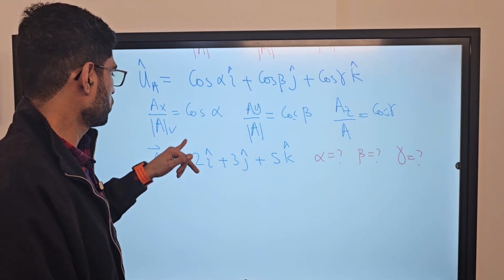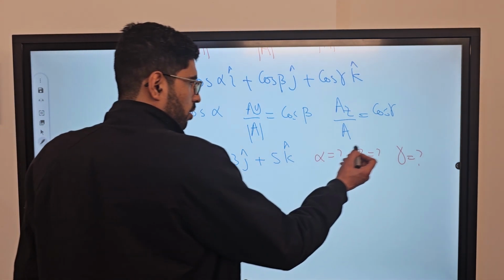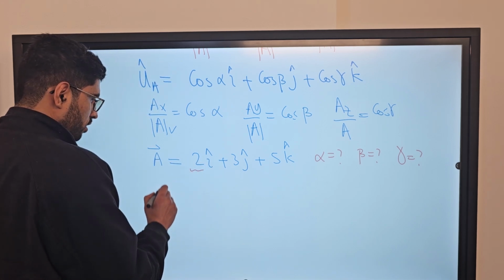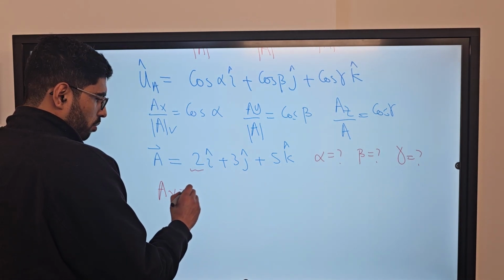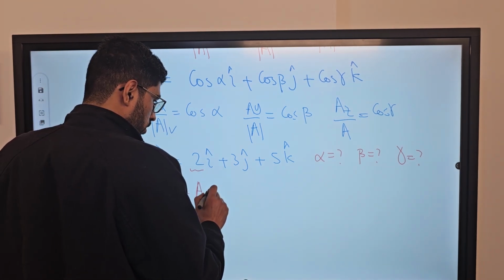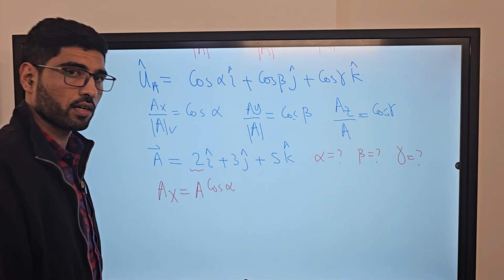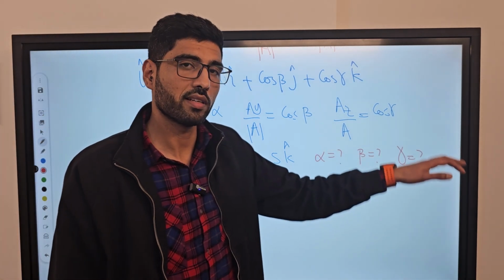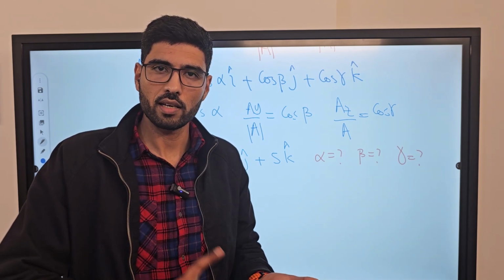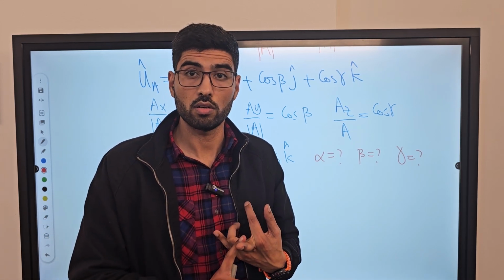In terms of alpha, beta and gamma, since this is the ax component, this will be equal to a magnitude cos of alpha. As I have told you, these angles alpha, beta and gamma are the angles with the x, y and z axis, and ax is acting along the x-axis, ay along the y-axis, and az along the z-axis.